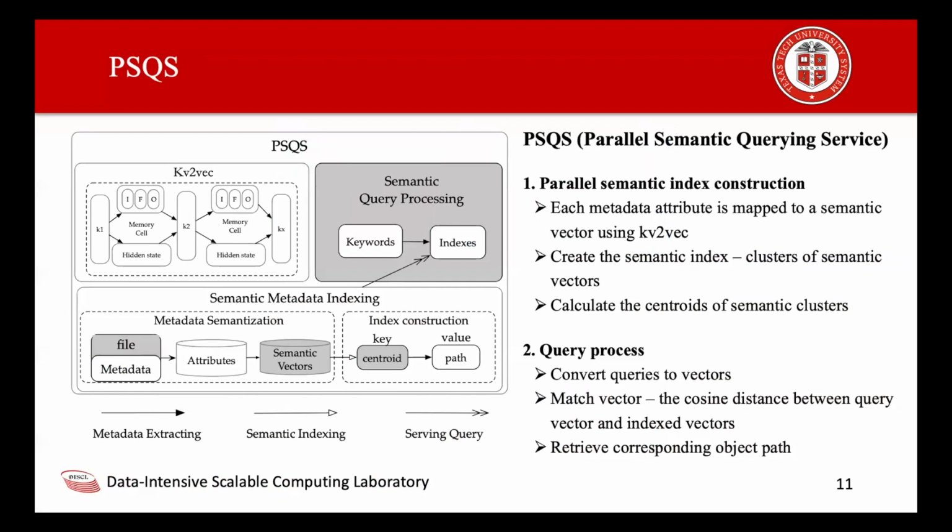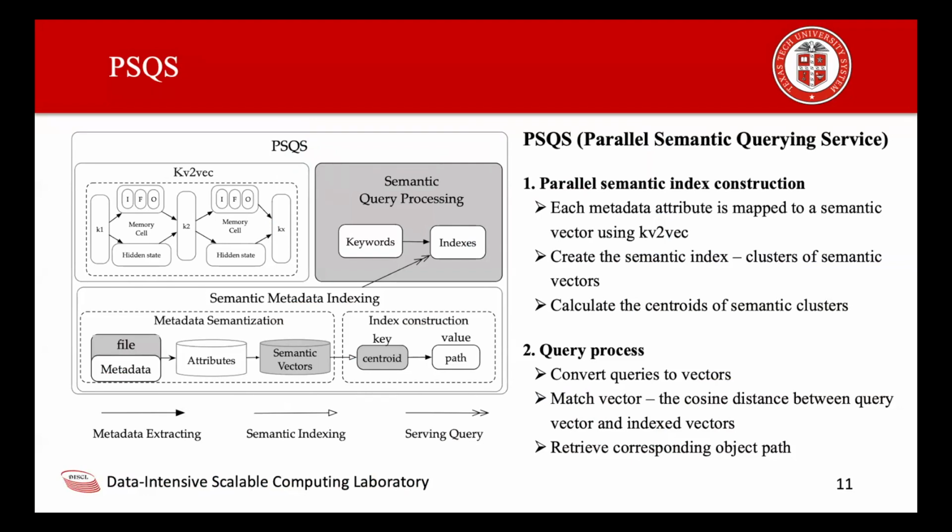And based on it, we can propose our second method. We call it PSQS, parallel semantic query service. In this figure, you see the last half is about key-value-to-vec, right? First of all, we need to build the index. We call it the semantic index.